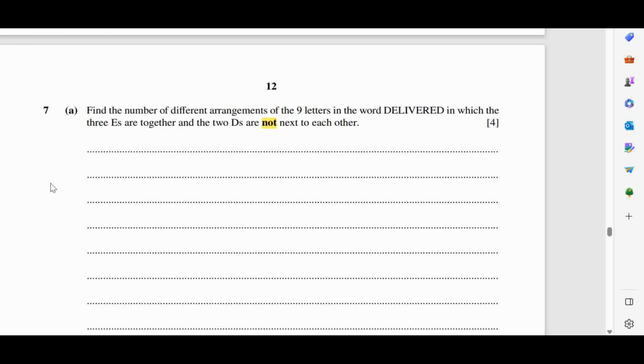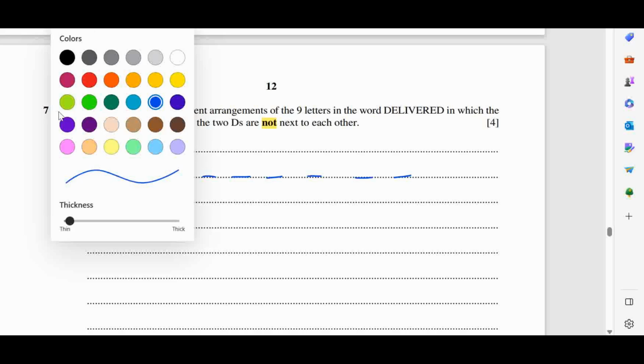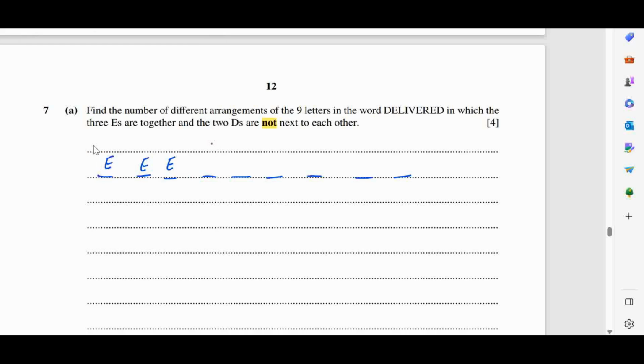So let's assume that the condition is that we have 9 letters: 1, 2, 3, 4, 5, 6, 7, 8, 9. We have 9 letters, so we can write it over here. E, and this one is E. So further we can simplify it.